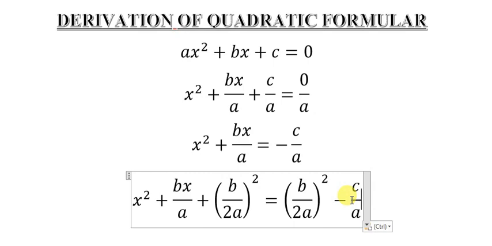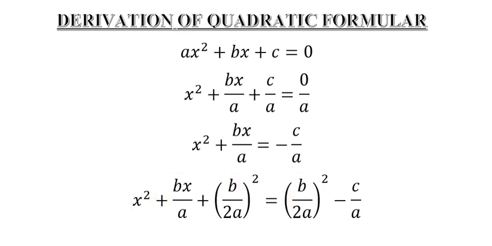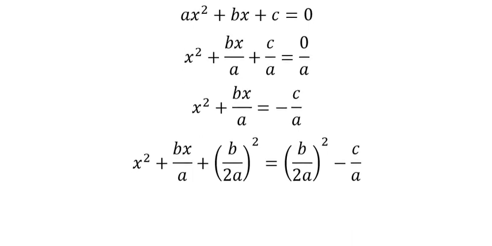At this point, remember, this part of the equation becomes a square, like the square of a certain binomial, and the binomial can be obtained by taking this form.